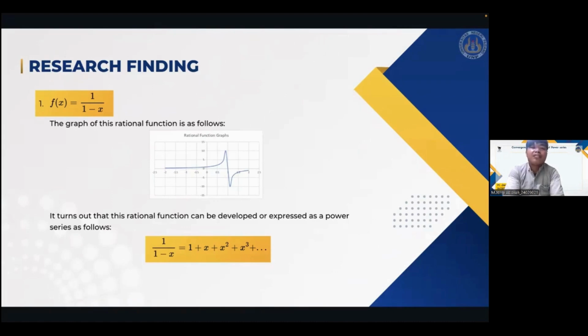From the power series, we will compare the graph of the original function and the approximation graph using the first three terms of the power series, then the first five terms, and finally the first 10 terms. Let's look at the next slide.